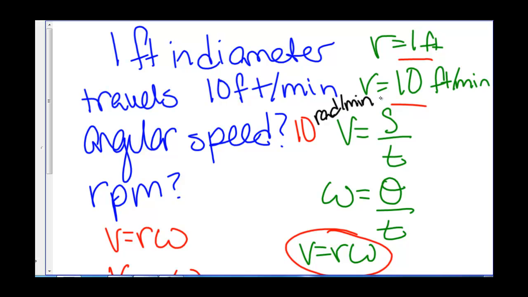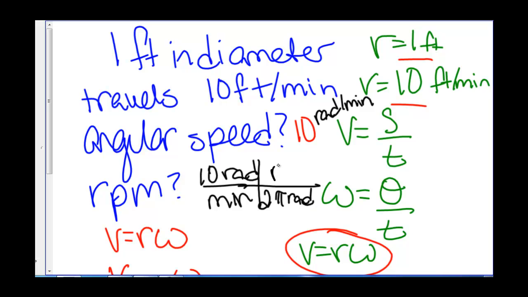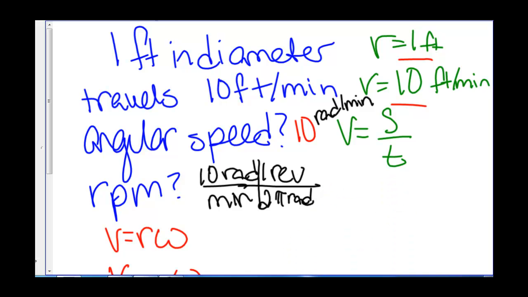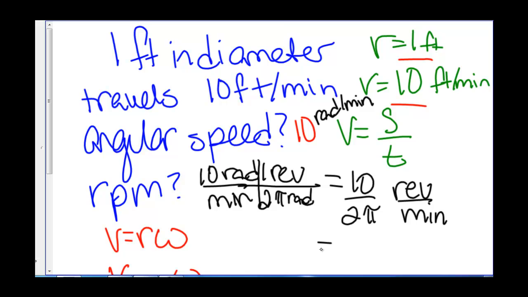So that means that revolutions per minute, well, we have 10 radians per minute, and there are 2 pi radians per revolution. So we want to divide 10 by 2 pi, and that will give us our revolutions per minute. So that is 5 over pi revolutions per minute.